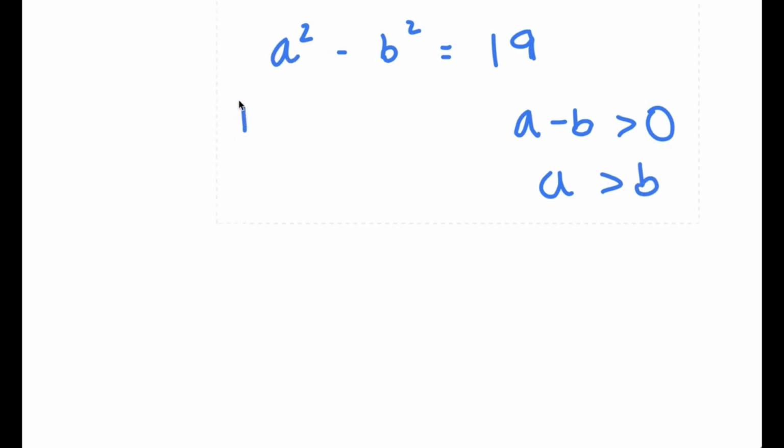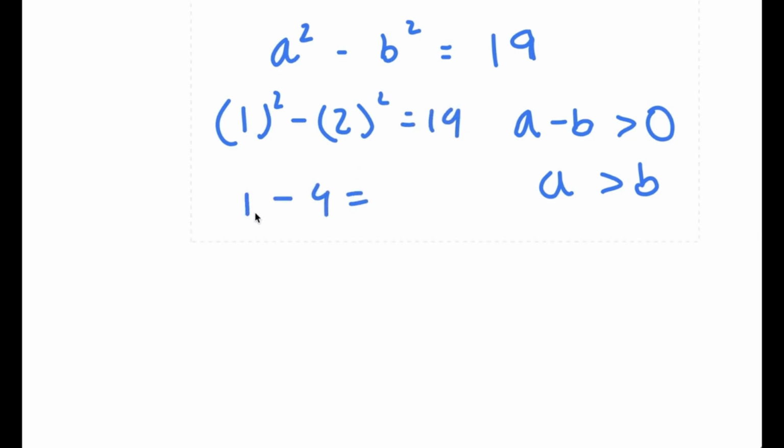So now I have 1 squared minus 2 squared is equal to 19. Well, 1 squared is 1, minus 2 squared is 4, and this is actually going to be a negative number. But as you can see, a squared minus b squared is a positive number, and the only way for this to be a positive number is if a is greater than b, because if b is greater than a, then this would be negative.